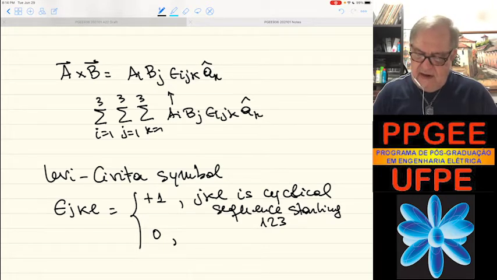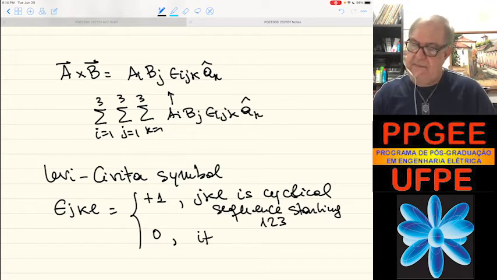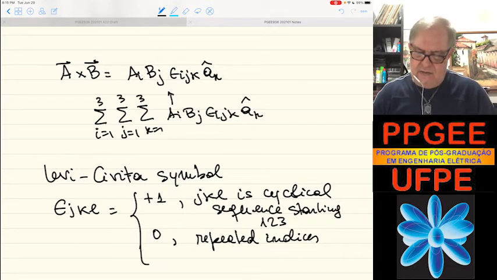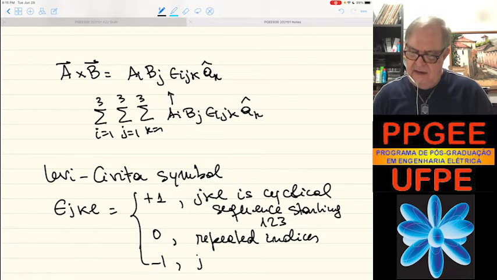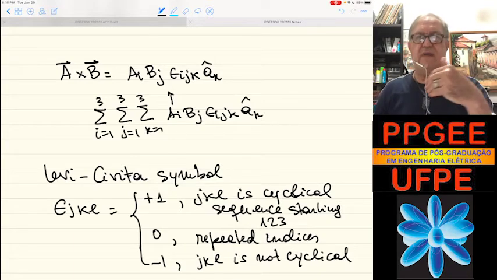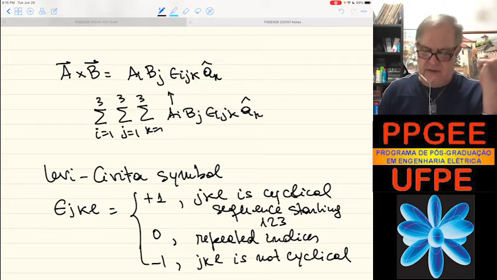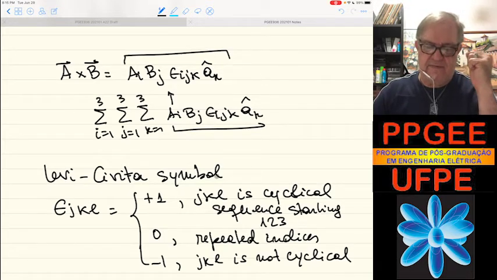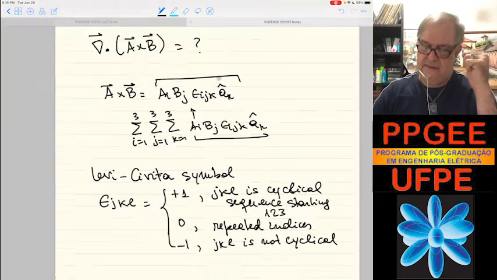It equals 0 if there are repeated indices, and equals minus 1 if jkl is not a cyclical sequence. If I make 1 2 3 into 2 1 3, it is minus. So that's very useful for vector products. I can always write in a very compact form the cross product between A and B like that.